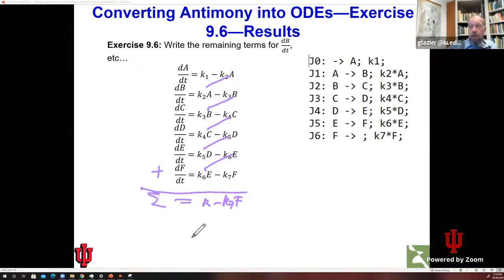And that tells me that the equilibrium amount of F, if I were to let this run to steady state, would be K1 over K7. Which is of significance if you're doing biochemistry, but also of significance in the equations we've been writing where we have birth and death. It gives us the equilibrium population. That's right. We haven't talked about steady states very much, but that's a little bit of a heads up on steady states.